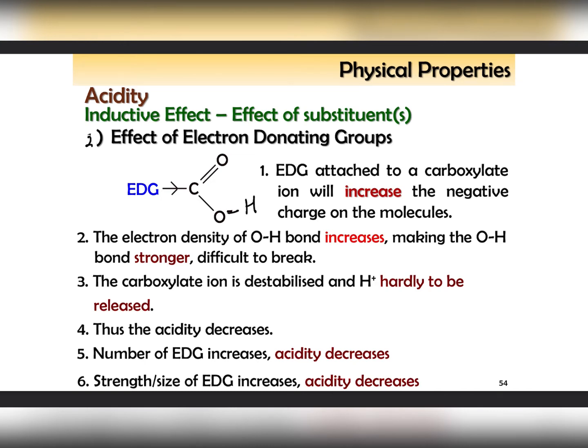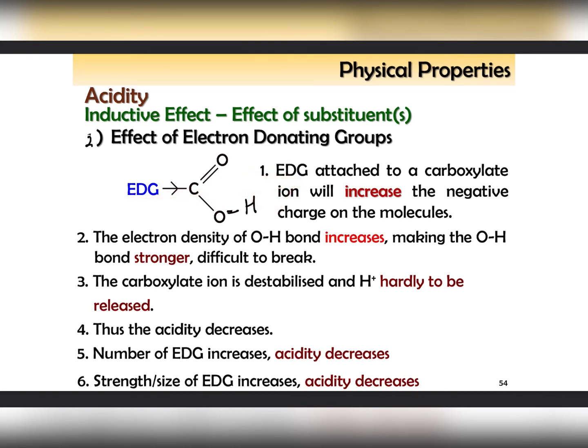So kalau dia bagi ataupun dia beri all the electron ke arah OH bond, that means, okay, kalau ada EDG attached to the carboxylate ion, it will increase the negative charge on the molecule. Okay, so how? The electron density of the OH bond here akan increase. Why? Because electron donating group, dia akan donate the electron density towards this direction.